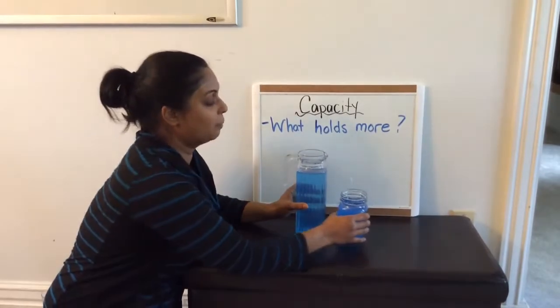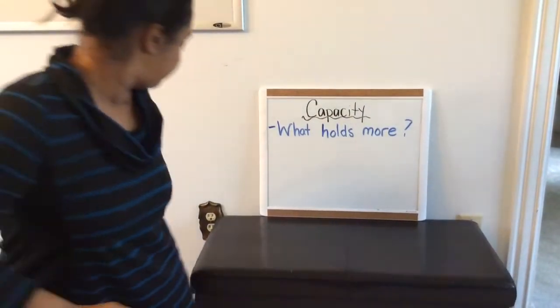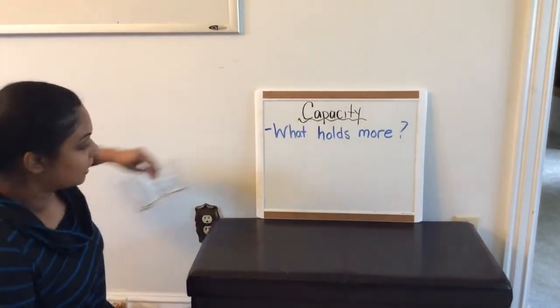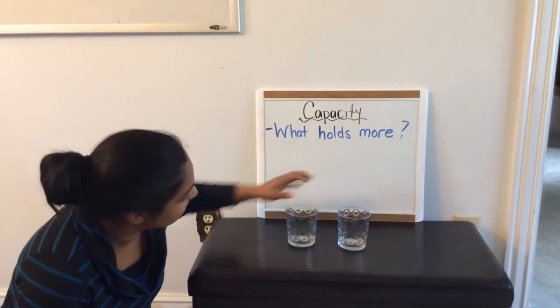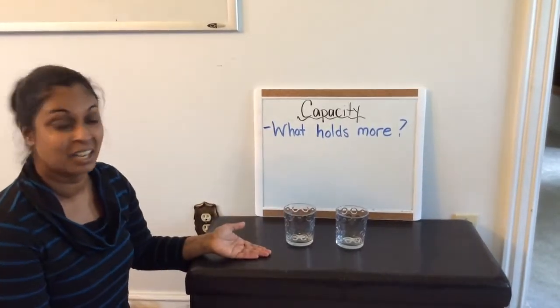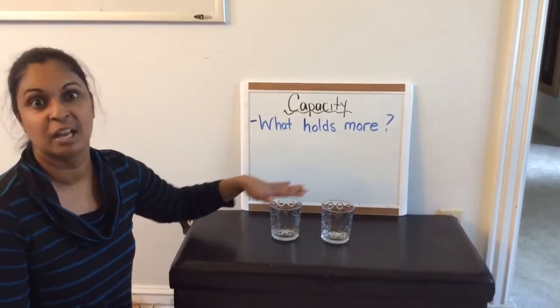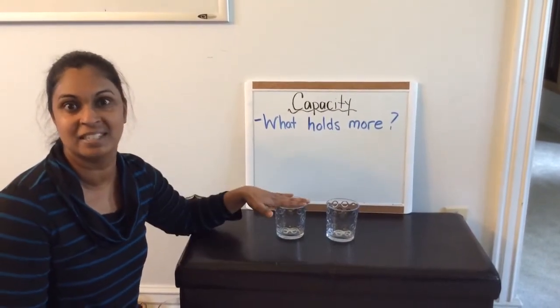Now, there might be situations where you have containers that look like this, two glasses, and I can actually see that they're the same glass. So then I could say the capacity is the same. They both hold the same as the other.